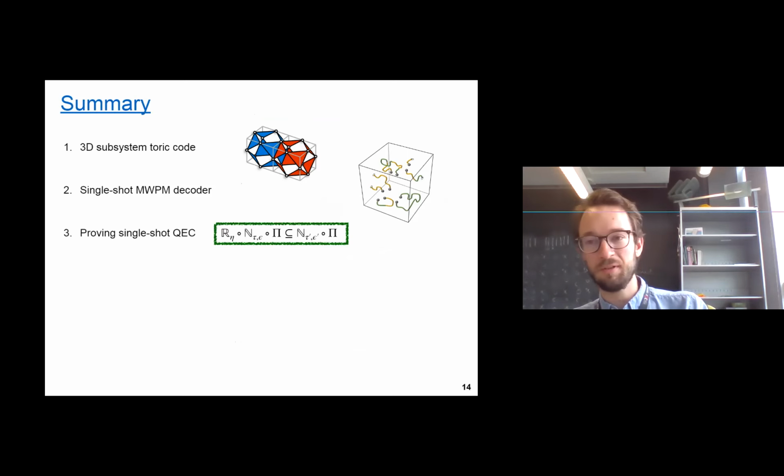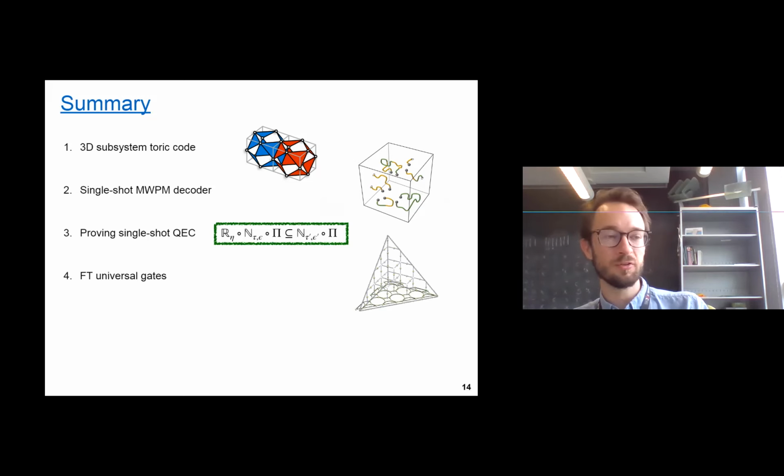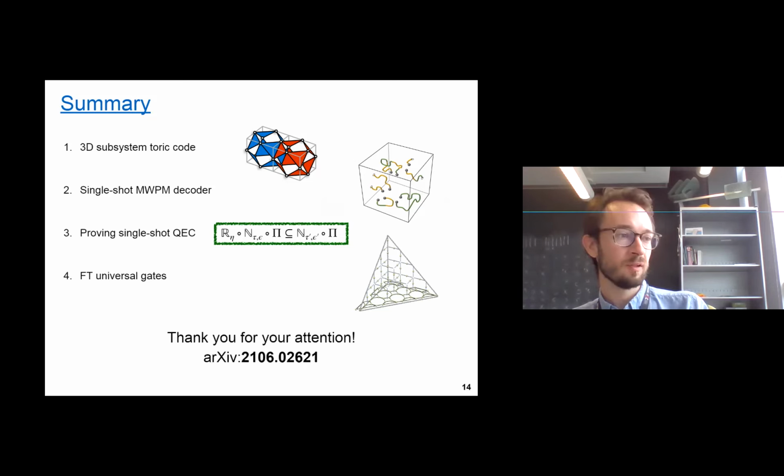I'm sorry I didn't give you much detail of how the proof works, but I tried to explain the statement of the theorem and why we chose to write it like this, because understanding the right language and how to state these things in a nice way is half the battle, I think. And then I also gave you a quick overview of one way of doing fault-tolerant universal gates in this model. So thank you very much, and happy to take any questions.